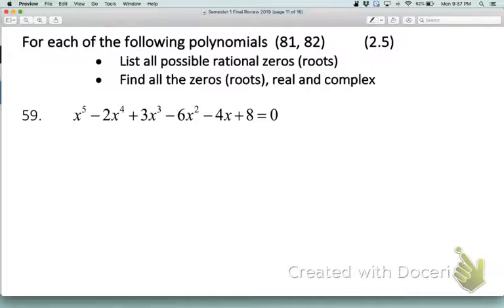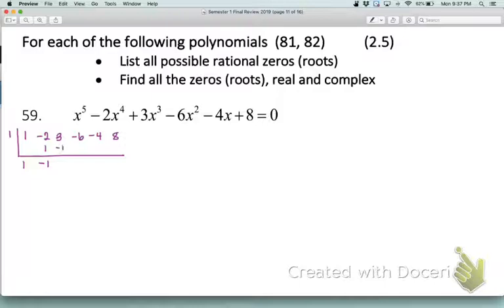So I'm going to start by testing positive 1. We set this up with all of our coefficients: 1, negative 2, 3, negative 6, negative 4, and positive 8. Look at your notes on synthetic division if you need to. We always bring down the first number, and then we multiply 1, and we add negative 1.